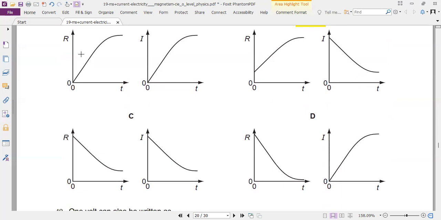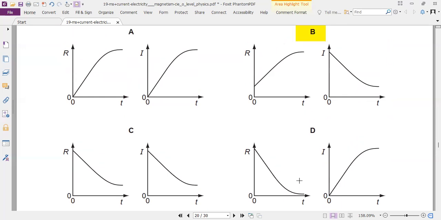A, it's not possible because current and resistance are inversely proportional. C, also not possible. D is not possible because it is the other way around. But it is actually possible, because when you decrease the resistance, the current should increase.